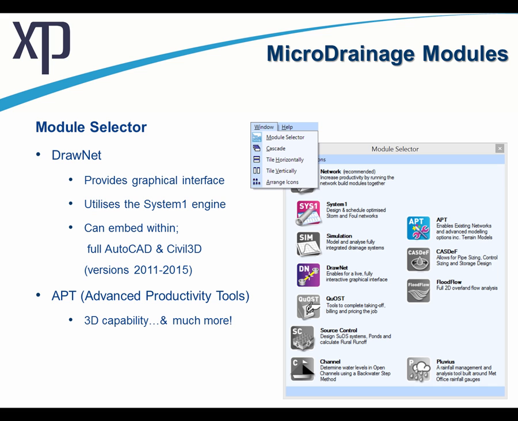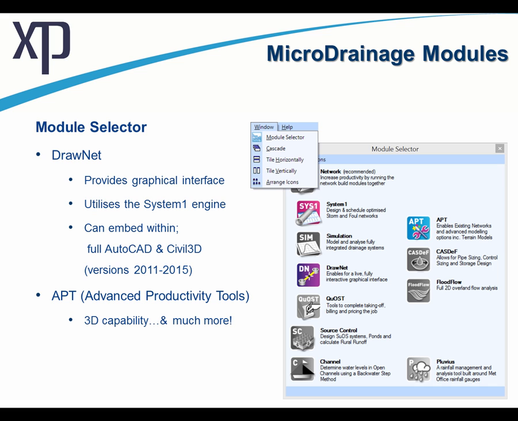We want you to gain the maximum benefit of using MicroDrainage with the minimum of effort. Hence, we have developed the software such that you can now auto-design the storm and foul water networks within either full AutoCAD as well as Civil 3D. And we can support the versions of Autodesk products from version 2011 up to the current day, up to version 2015.